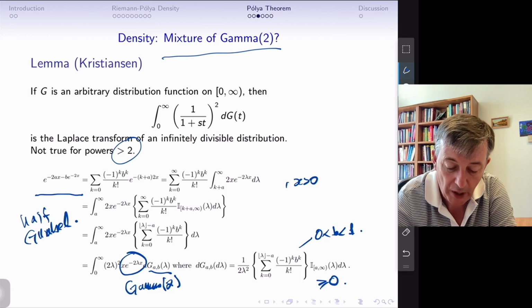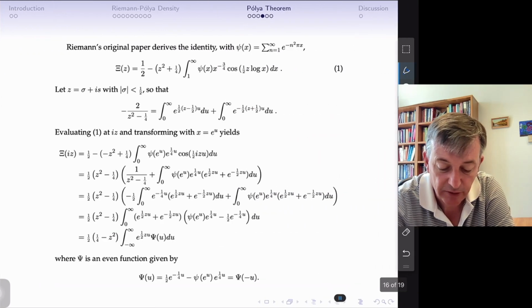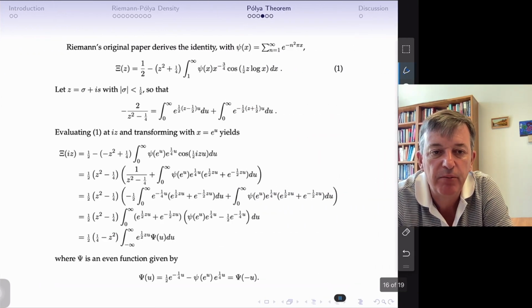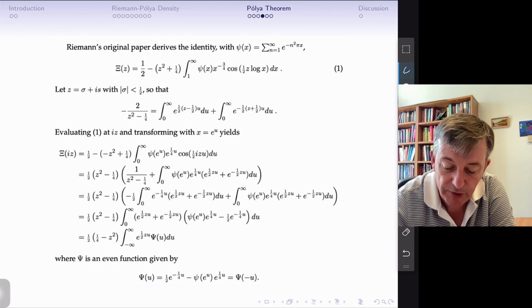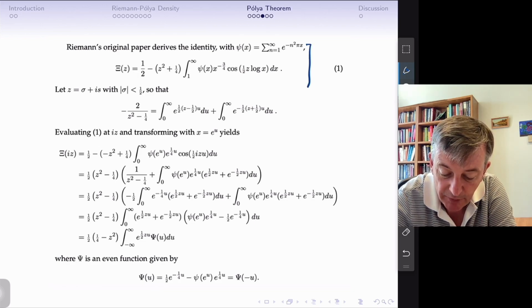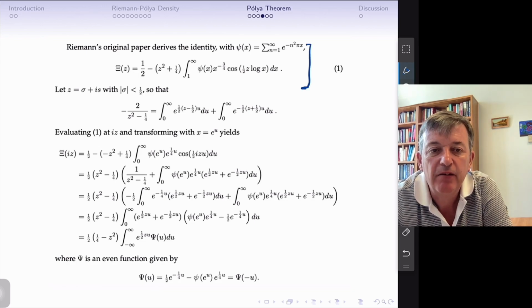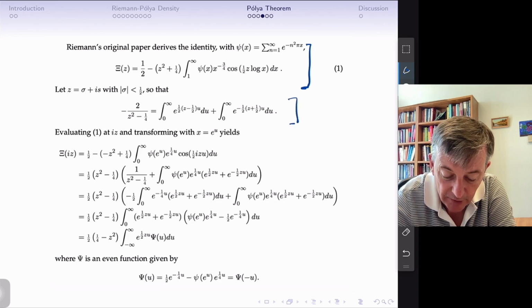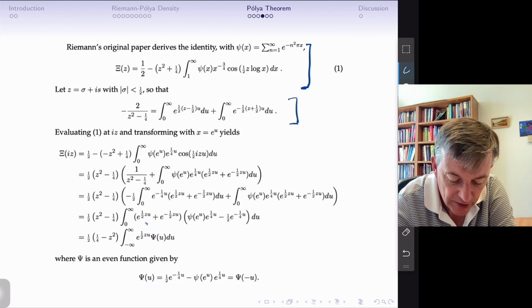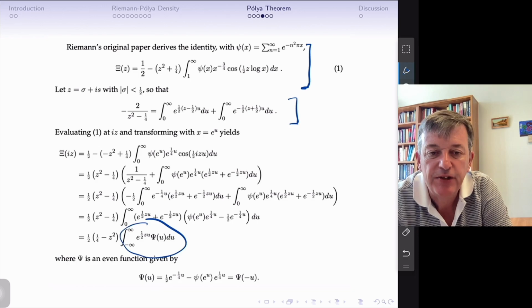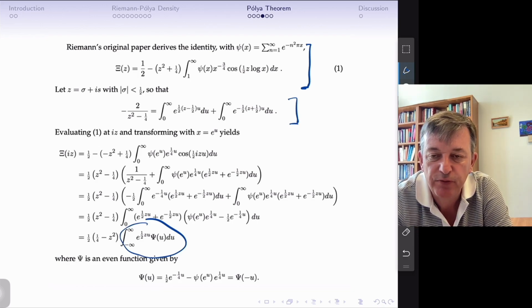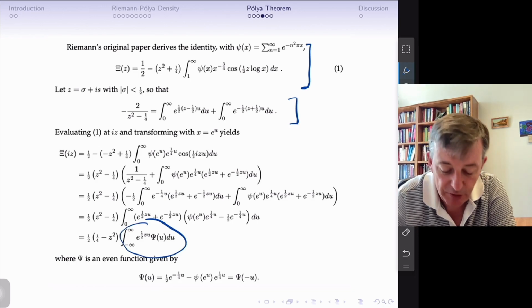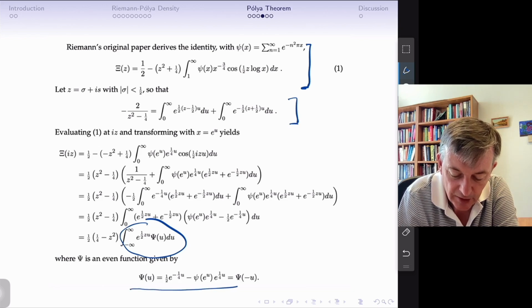And again, why is that useful for my Riemann psi function? Why would it maybe provide a direct proof? Well, if I look at Riemann's original paper, he starts with the Jacobi function at the top, and Riemann's classic formula for the psi function is given by this. Again, I can put it together using another identity, and essentially write the Riemann psi function in terms of a Fourier transform of a symmetric function that depends on the Jacobi function.